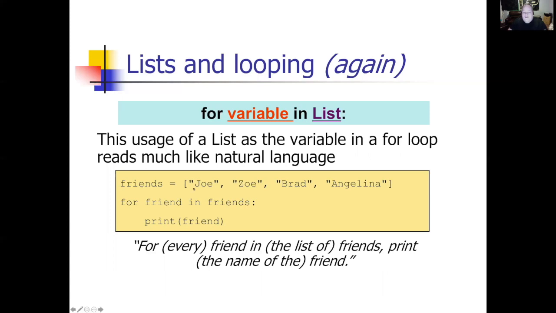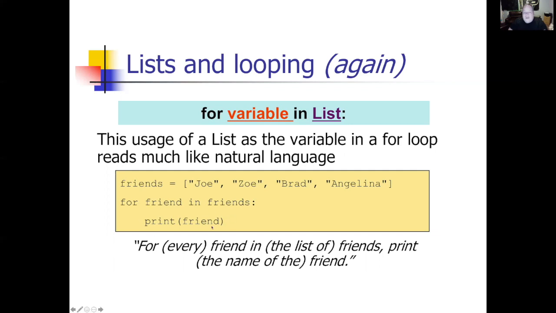So if my friends equals this list of friends, I just have the for. For friend in friends, print the friend. And this actually can be read almost like natural English language. For every friend in the list of friends, print the name of the friend. That's pretty much what this says, right?